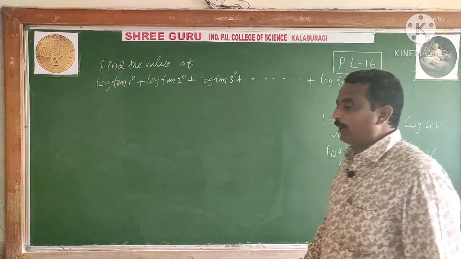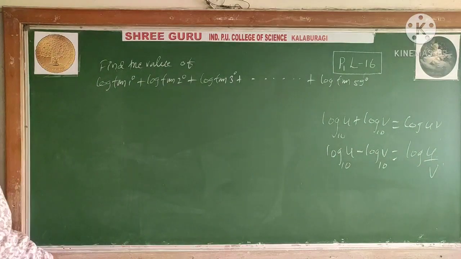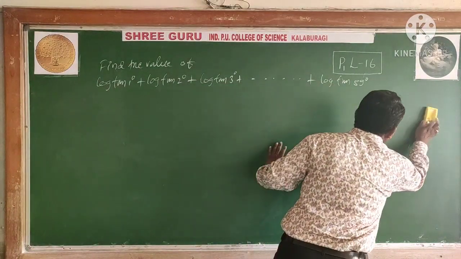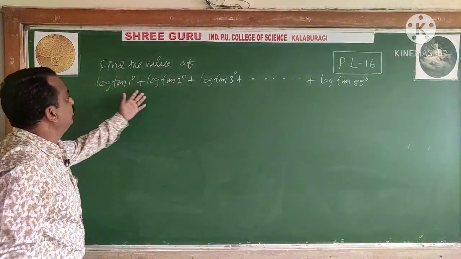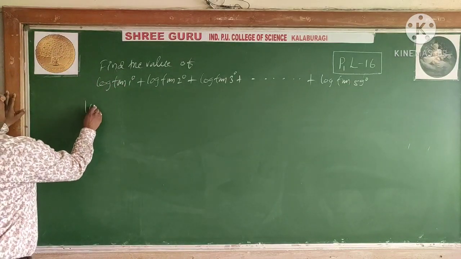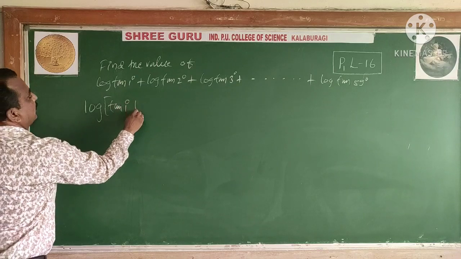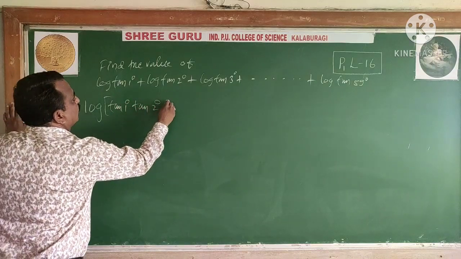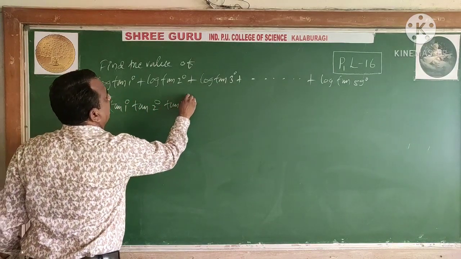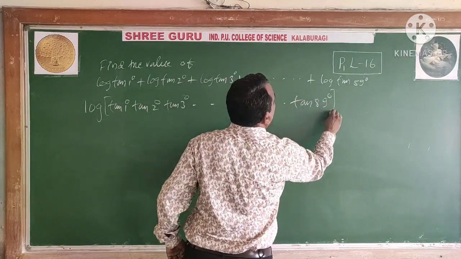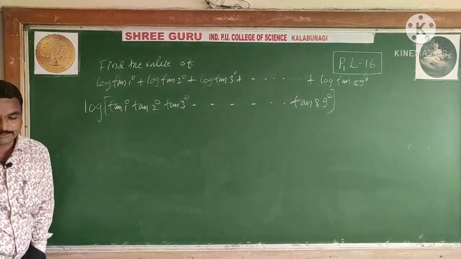These are the logarithm properties. Using this logarithm property, you may extend this number of terms also. I will write this as log of tan 1 degree, tan 2 degree, tan of 3 degree, up to tan of 89 degree.